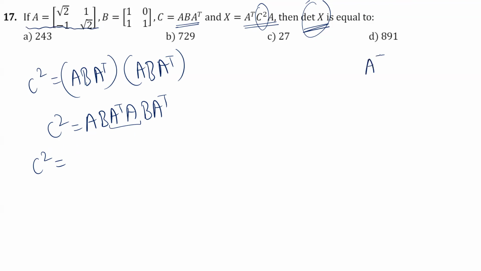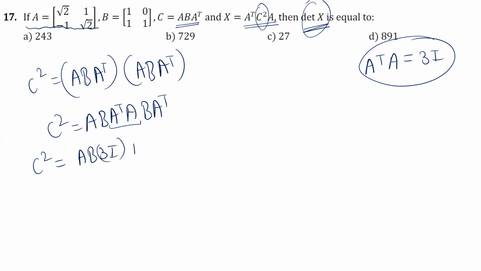A transpose A, if you calculate, will come out to be 3I. Very simple calculation you can make. So A B 3I and then B A transpose. 3 can come out common. So that will become 3 A B square A transpose.